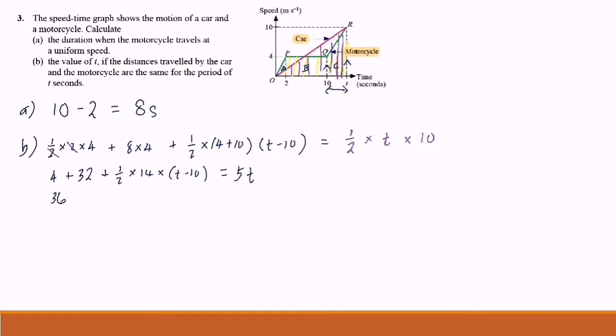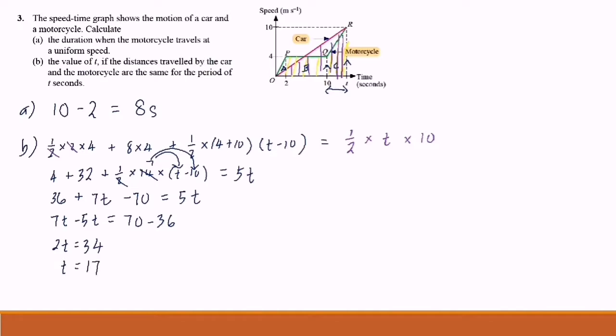It is plus 7 times t, 7t, 7 times negative 10 equals negative 70, equals 5t. 7t minus 5t equals 70 minus 36. 2t equals 34. t equals 17.